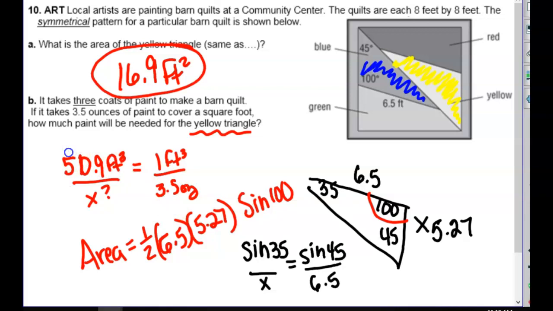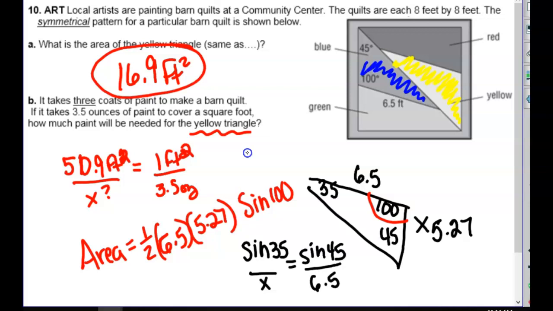So times 3.5, I don't know, 178, 179, somewhere in there. Anybody getting that? What's wrong? You cubed the feet. Oh, should be squared. Thank you. That was an easy fix. I thought I did something wrong with the math. Just the labels. All right, so I got about 178.